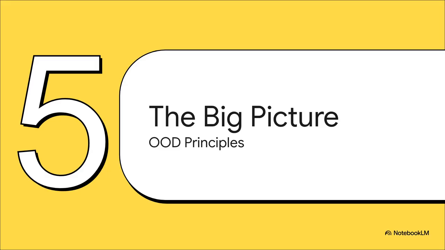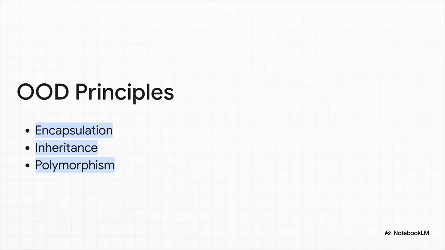Finally, let's zoom out a bit for section 5, the big picture of object-oriented design. We've been super deep in the syntax weeds, colons, access specifiers, destructors, all that. But stepping back for a second, how does all of this fit into the grand philosophy of software engineering? It all comes down to object-oriented design, or OOD, which rests on 3 massive pillars.